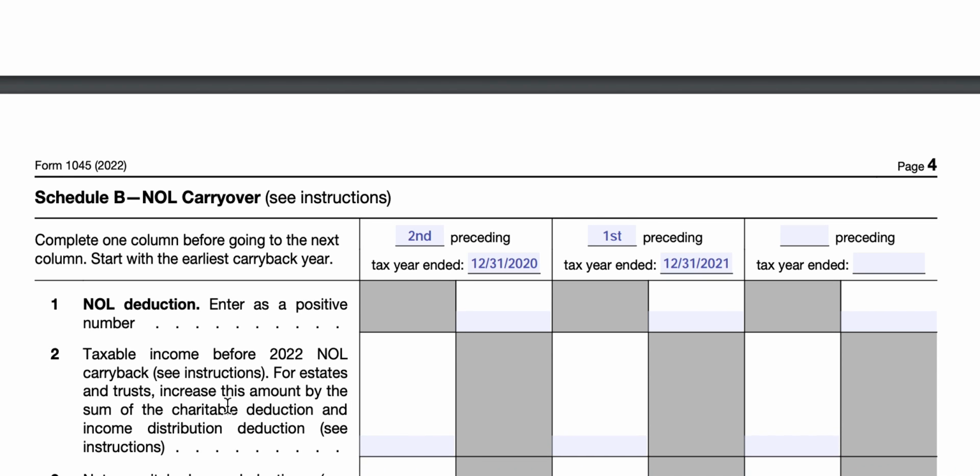For line 2, you're going to enter the taxable income before the carryback. So according to the instructions, you should not account for any carryback from 2022 or later in this line.